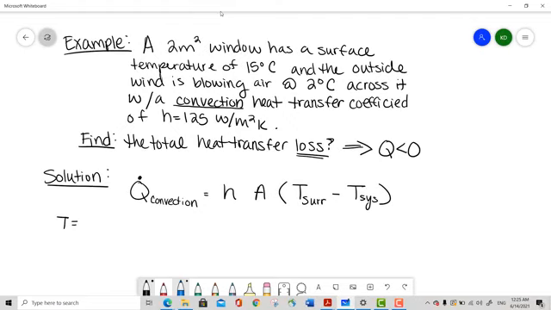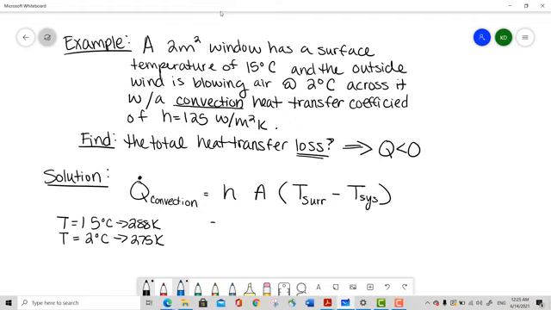Okay, so we've got 15 degrees Celsius, which goes to 288 Kelvin, and that's got 2 degrees Celsius, and that goes to 275 Kelvin.